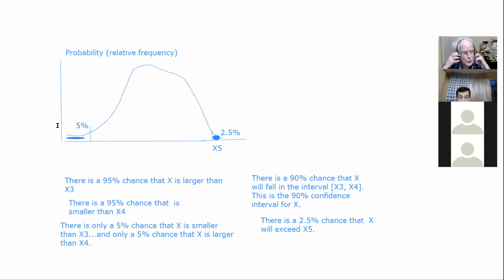And the same thing on the extreme left. Right there.